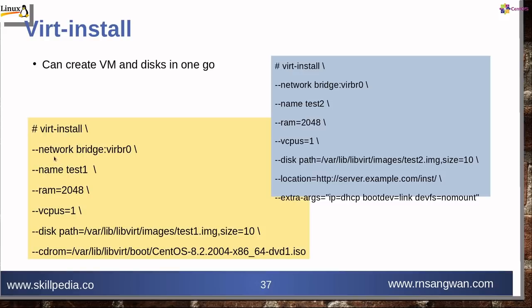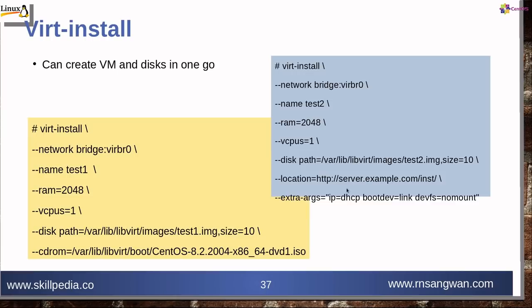virt-install. This is a command line continuation. Don't get confused, this slash is just to continue the command on the next line. Network bridge virbr0, machine name test1, RAM 2048, CPU 1, disk path where the disk will be created, size 10 GB, and the CD-ROM, that is, the ISO image where it is located.